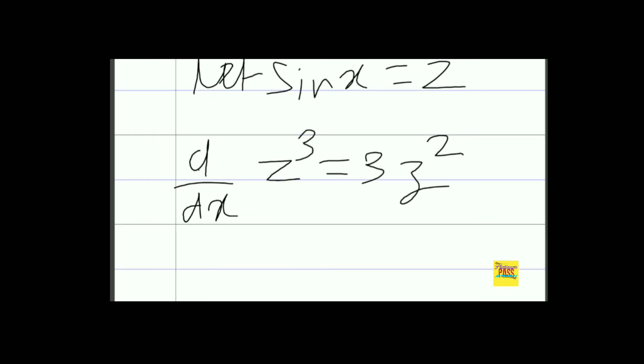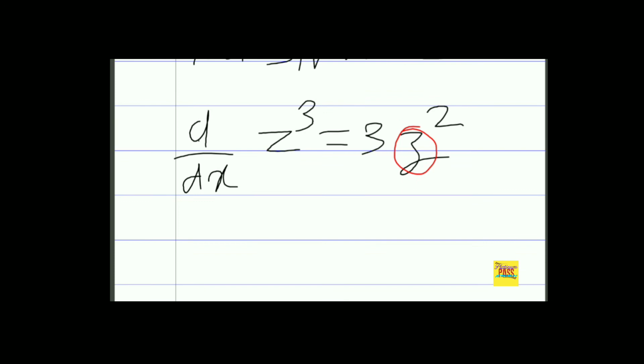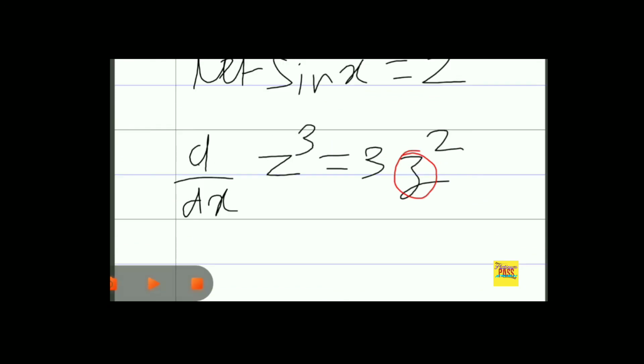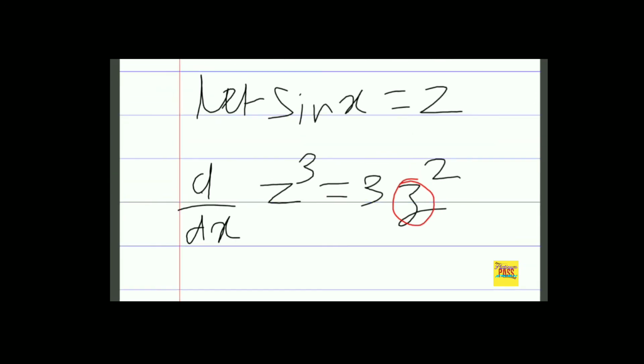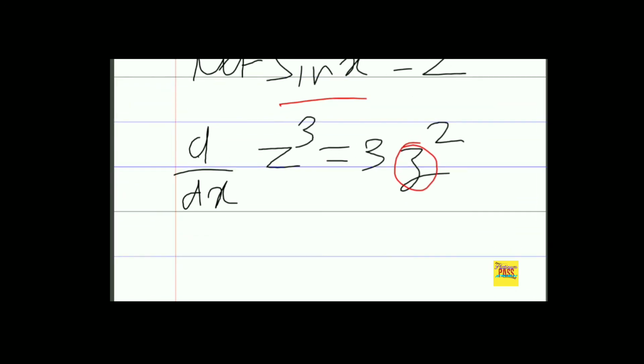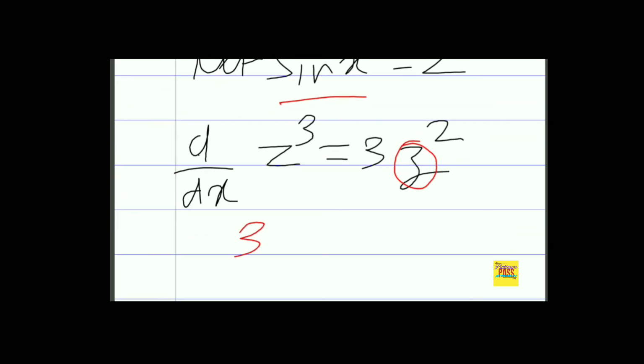Just continue. Now we will put this z function as sin x. So 3 sin x square.